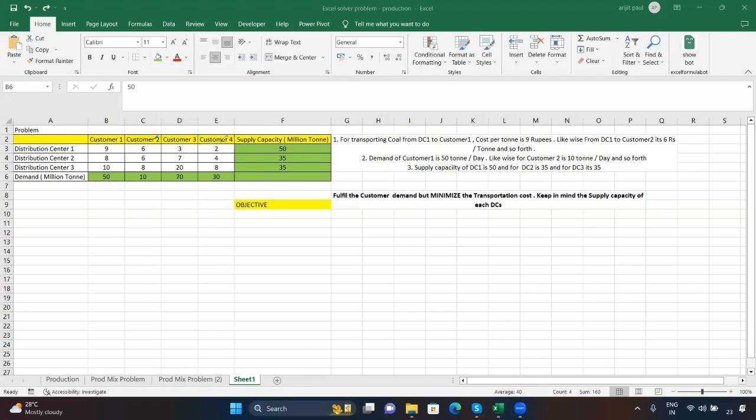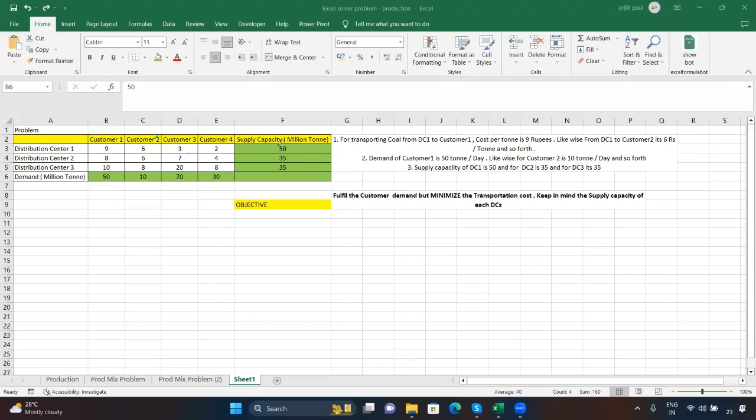From DC1 to customer 4, what is the transportation cost? The transportation cost is 2 rupees per ton. And what is the supply capacity? The supply capacity of DC1 is 50 ton. That means DC1 can only supply up to 50 ton per day.